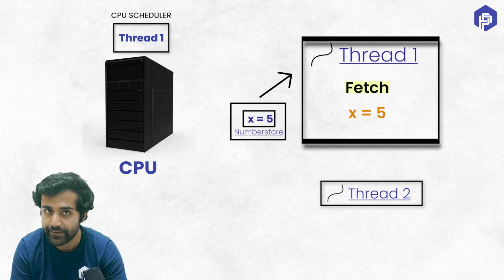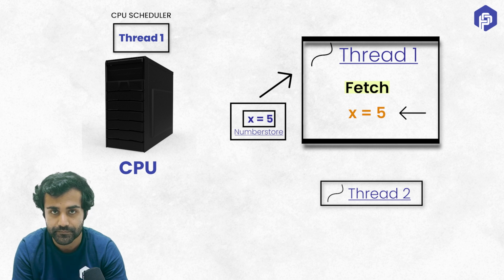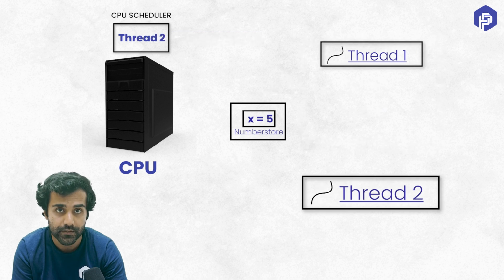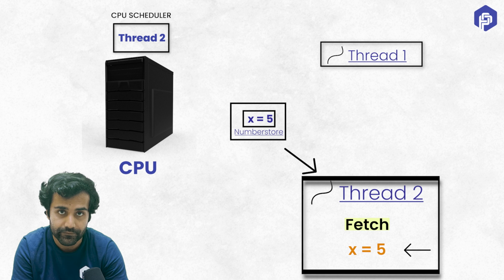When it performed a fetch, it saw that the value of x currently is 5. Now, immediately after this, a context switch happened and thread 2 got scheduled. When thread 2 got scheduled, the first thing it did would also be fetch, and it would also see that the value of x is equal to 5.